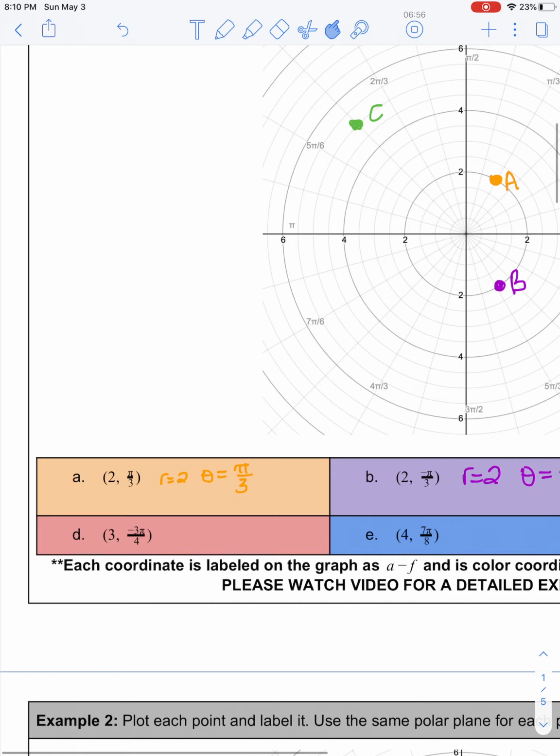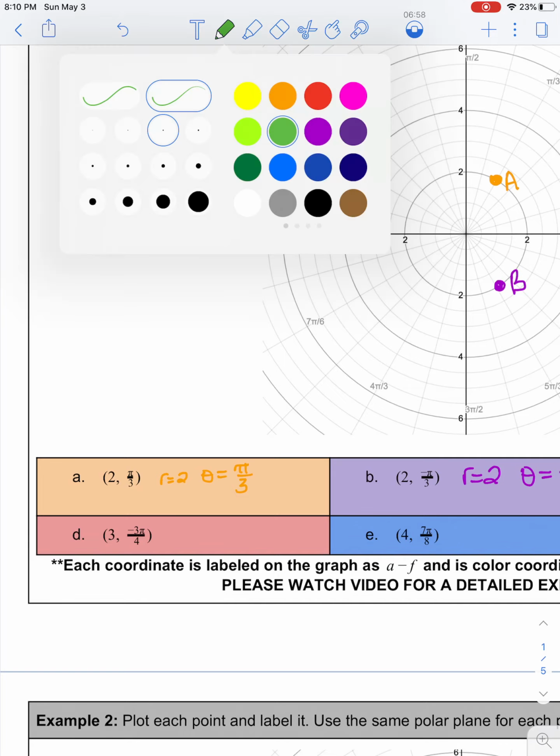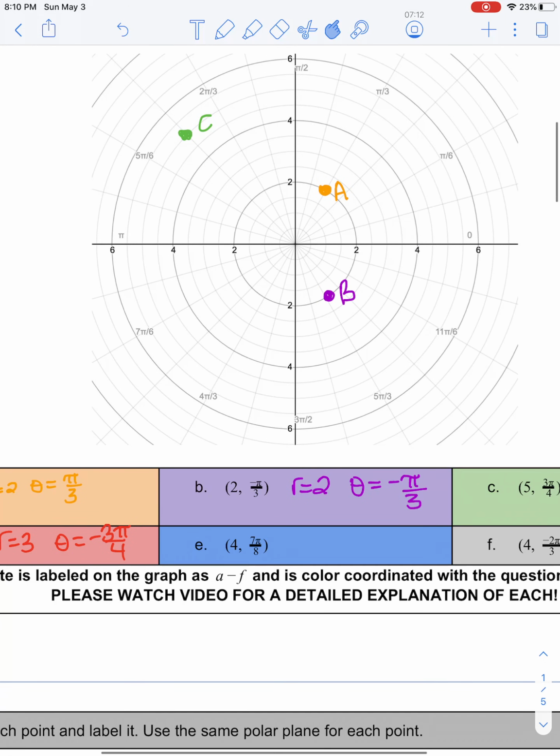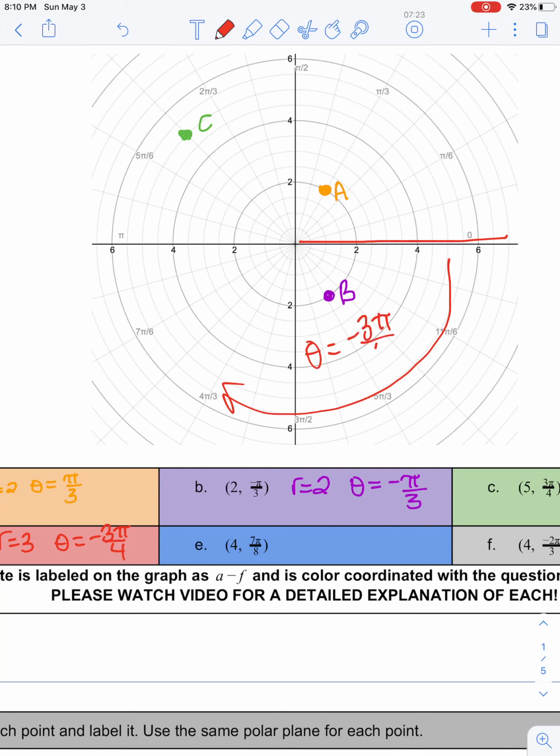All right, point D. Again, we have a negative theta value, so we'll be going in the negative direction. We have a radius of 3 and a theta value of negative 3 pi over 4. Starting at our polar axis, we build in the negative direction an angle measure of negative 3 pi over 4, and I know that will be on this radial line here.